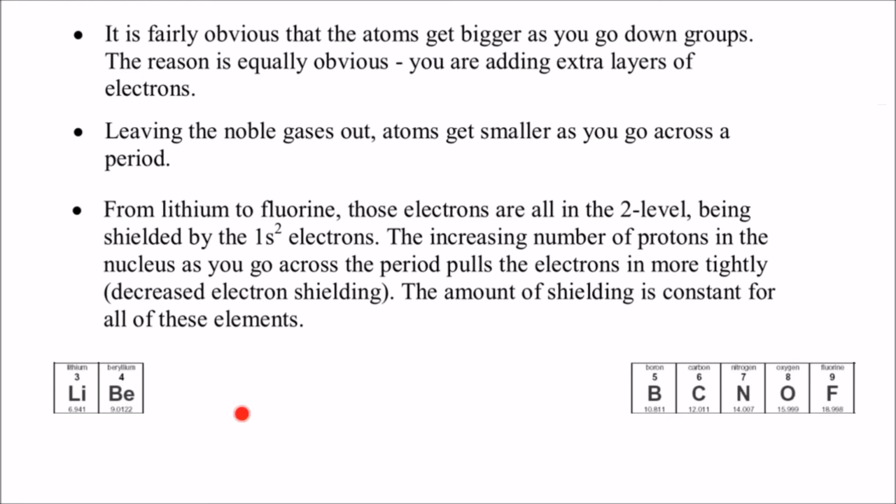But as we move across this periodic table, we are increasing the number of protons each time we move across one more element. And because of that, those protons are pulling on those electrons in increasing amounts, which means that the electrons move closer and closer to the nucleus. So the atomic radius shrinks as you move from left to right on the periodic table.